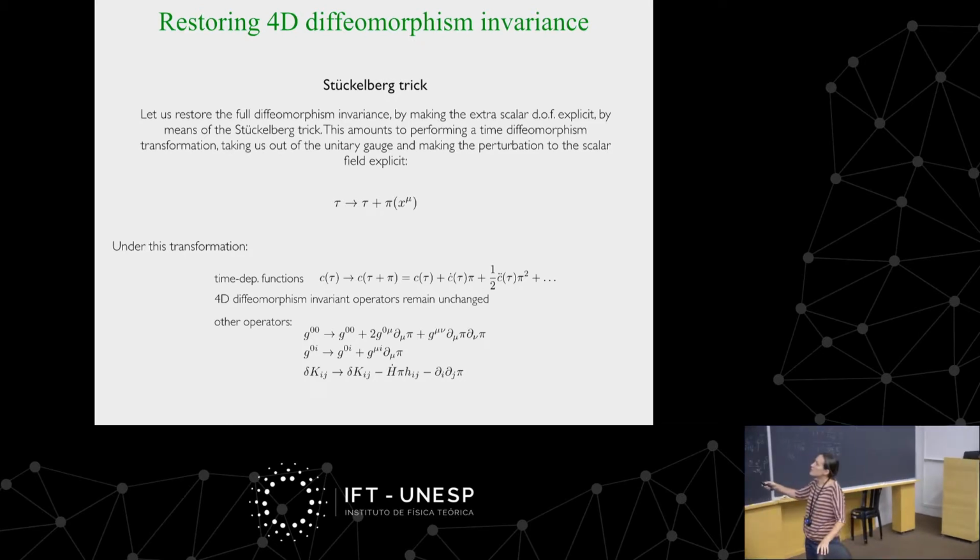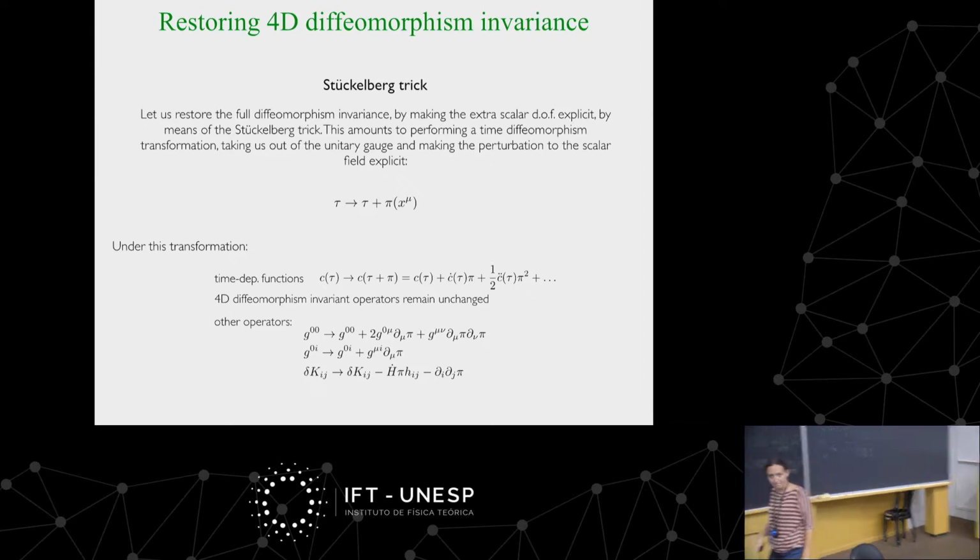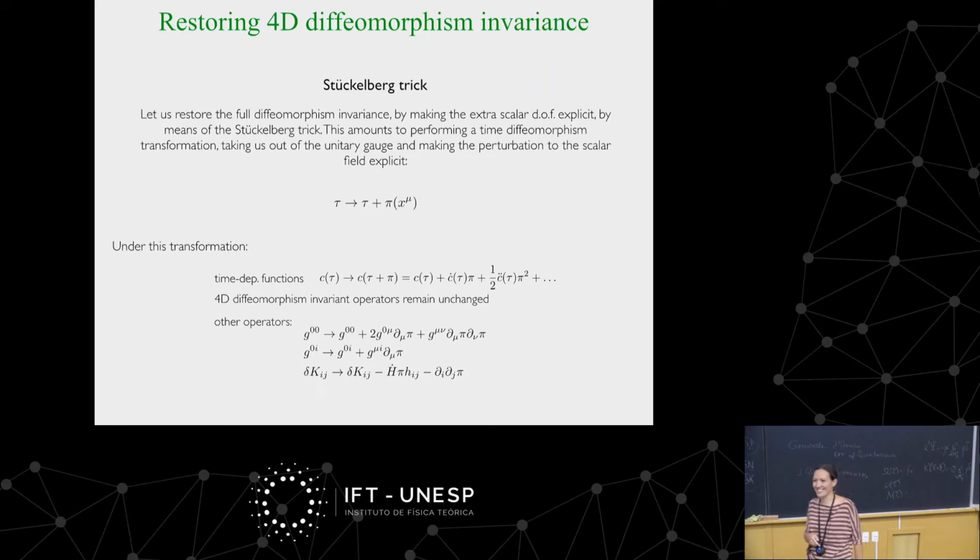But objects such as time-dependent functions or objects with loose indices will transform and will pick up new terms, and you can do your expansion up to quadratic order, for instance, in the scalar field pi. Okay? I know, sorry. It's terrible.